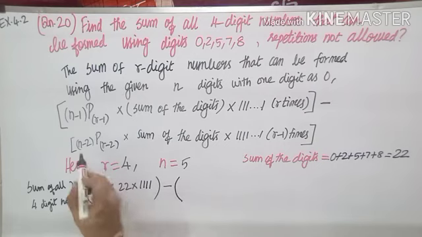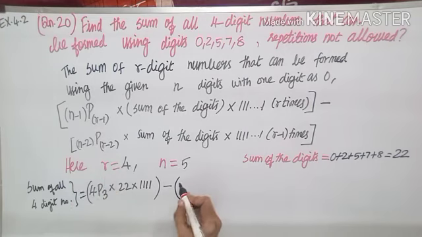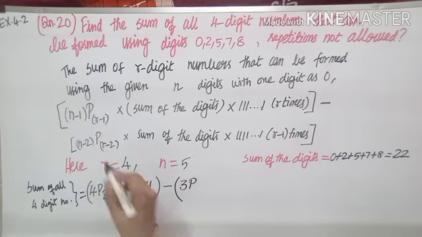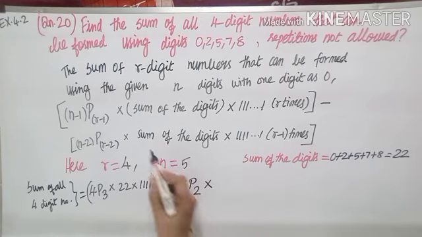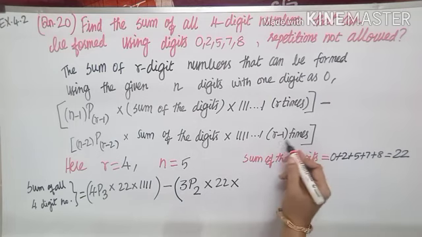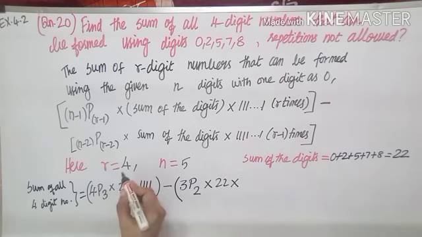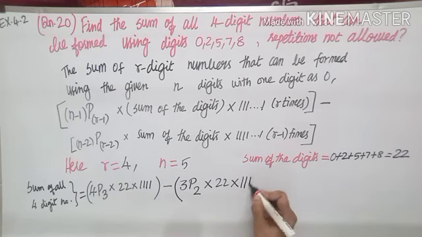Minus the second one. (n-2)P(r-2). 5 minus 2, 3. r minus 2, 2. Into sum of the digits 22. Now 111 r minus 1 times, r is 4, r minus 1 is 3. So 3 ones I have to put. Find out the calculation, simplify the answer.